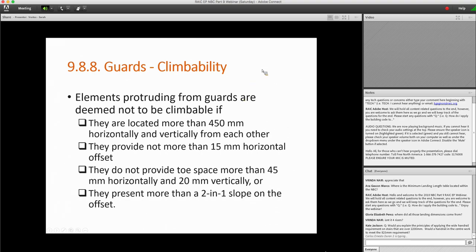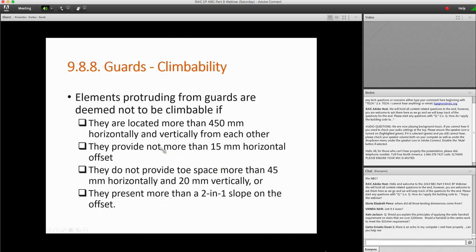Again, on this theme for not being climbable, any element that protrudes from the guards, so if you had an unusual wrought iron design or something else, they must be more than 450 millimeters horizontally and vertically from each other.